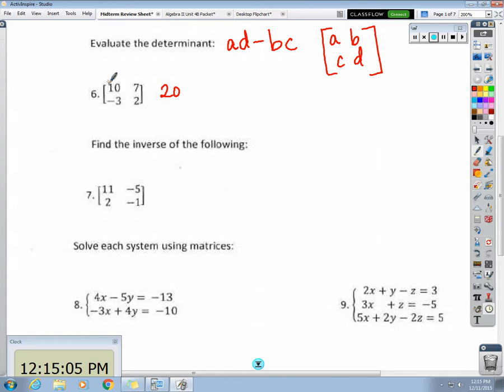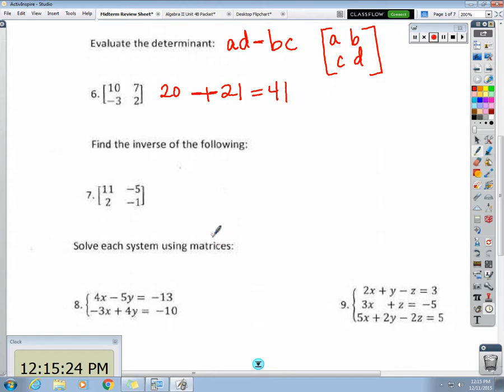Because look, your A is 10, your D is 2, 10 times 2 is 20. And then minus is part of the formula. What do you get when you do the B times the C? Negative 21, and a 20 minus negative 21 is like a 20 plus 21, which is 41.